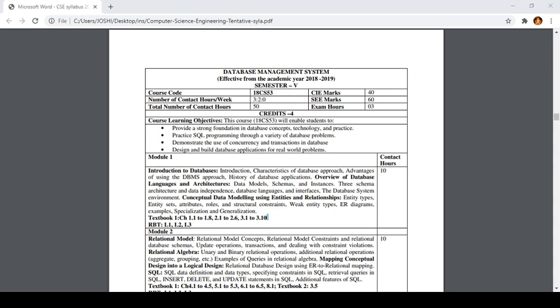The DBMS is a general purpose software that facilitates the process of defining, constructing, manipulating and sharing the database among various users and applications. So this is a general form of a database.